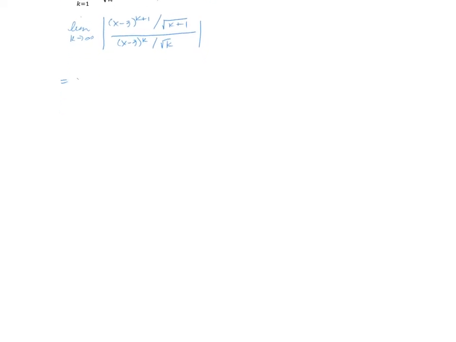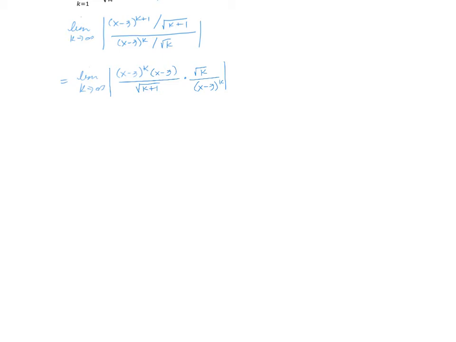Rewriting this, I have x minus 3 to the k plus 1, and I'm going to go ahead and separate it as x minus 3 to the k times x minus 3 over square root of k plus 1 times the square root of k over x minus 3 to the k, still in absolute values.